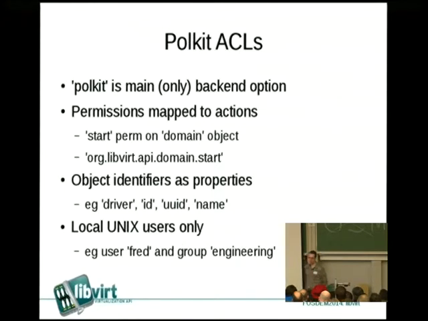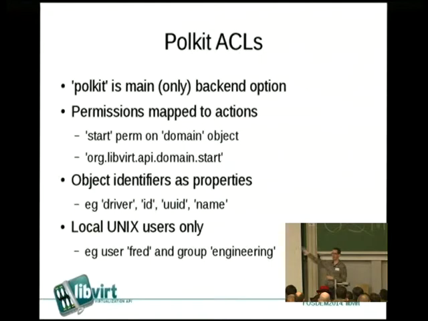Now, that's only part of the information you need to know. You've also got to identify the object you're managing. So the virtual machine, for example. There's three unique identifiers for a virtual machine. There's an integer ID value, there's a human-friendly name, or there's a globally unique identifier, the UUID.